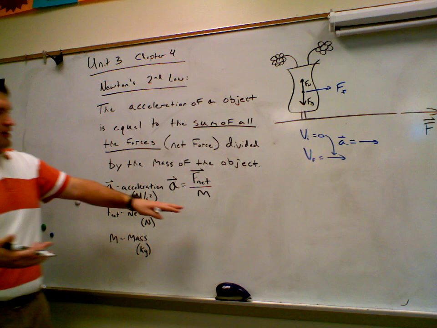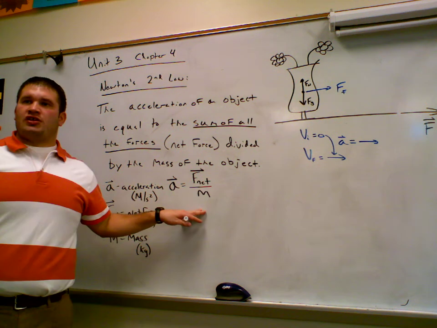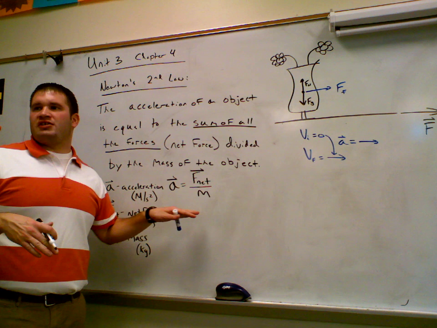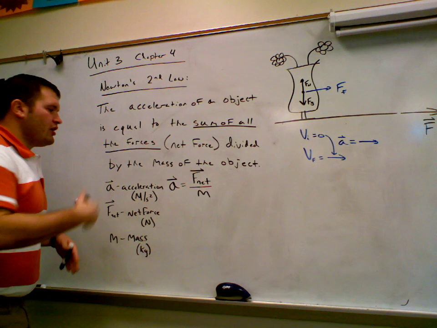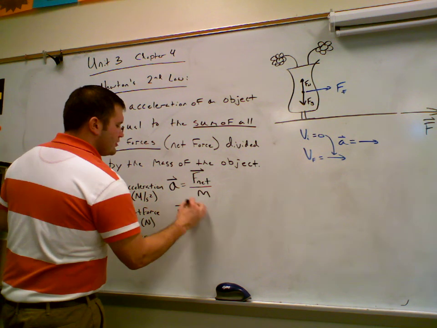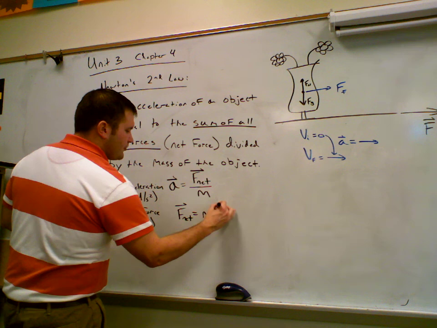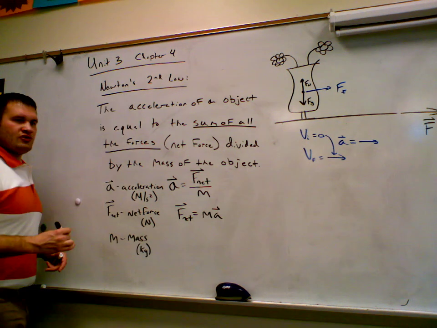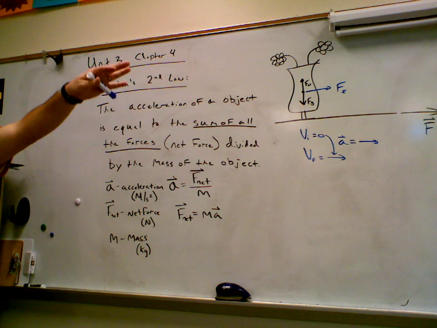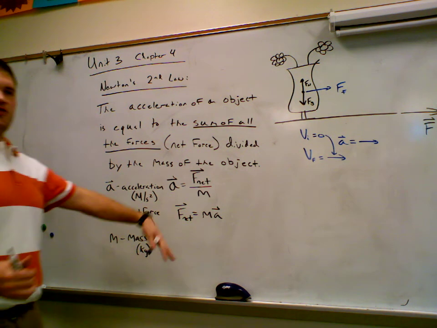A lot of times when we have a division after addition, students will do that incorrectly and just divide the last part of the addition by the m and not the whole thing. So we can write this in a different way that might be more conducive to successfully completing the calculation. F net equals ma. Now I have all my addition on one side, all my multiplication on the other side. Do all your addition first, then divide if you need to.